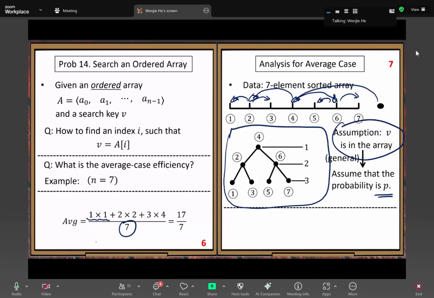The first one means the number of comparisons in this level. And the second operand means the number of nodes in this level.